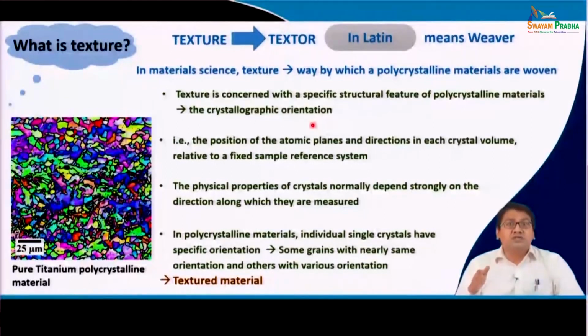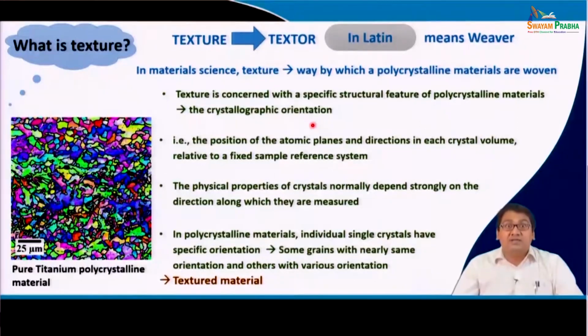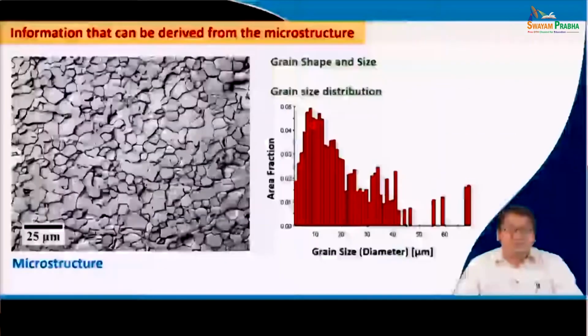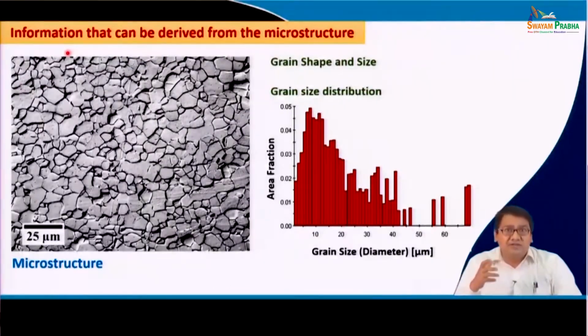Some grains have nearly the same orientation and others have various orientations, and therefore, they are textured materials. So you see, texture is a very important part of the microstructural morphology that is usually ignored in classical metallurgy.